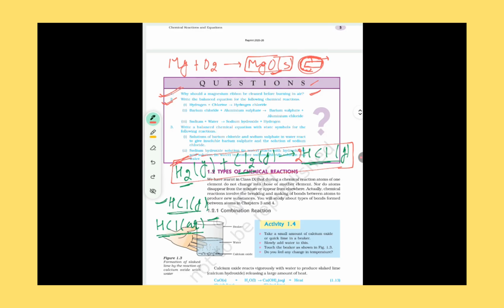So for that only we balance chemical reactions, not just to pass in exams, huh? Remember, chemical reactions are balanced because they have to follow what? Law of conservation of mass. In the exam you have to balance so that you will get marks also, हाँ.